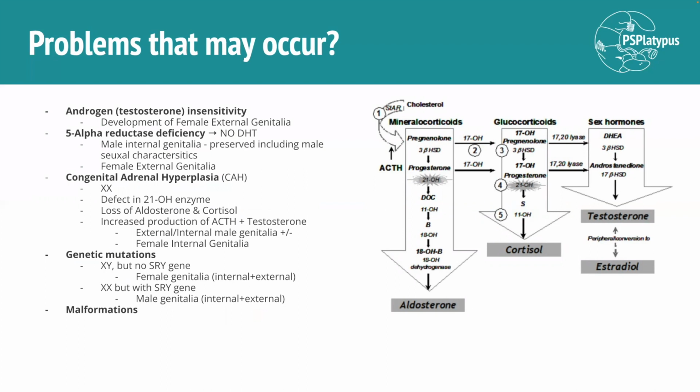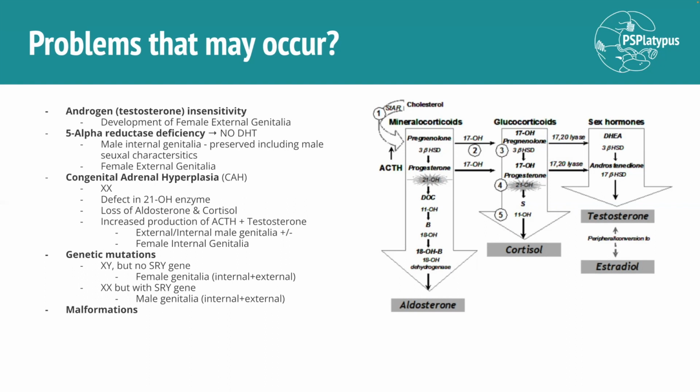This is the process in which a genetically male patient with XY chromosomes has an insensitivity to the testosterone produced by our Leydig cells, and therefore the body takes its natural course and develops external female genitalia. However, they still have the development of the testes due to the presence of the Sry protein.